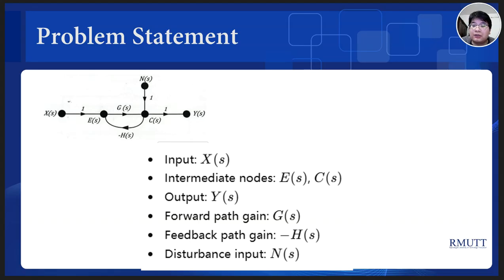The graph includes a forward gain G(s), a feedback branch negative H(s), and a disturbance input N(s).